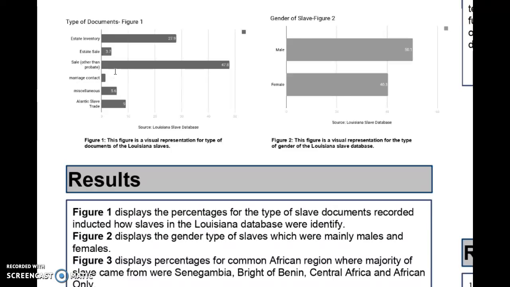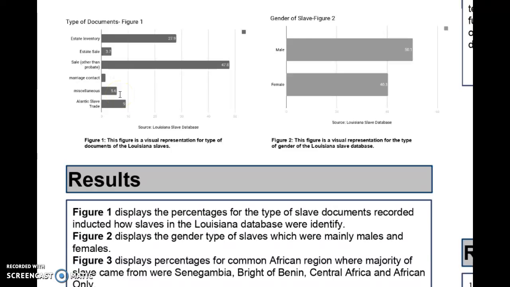The second biggest type of document is the estate inventory. That's basically still referring to being sold. And then the third highest percentage is the miscellaneous percentage.